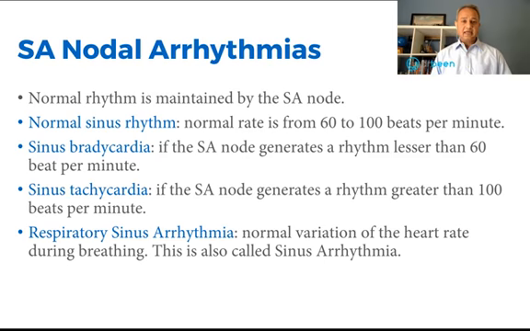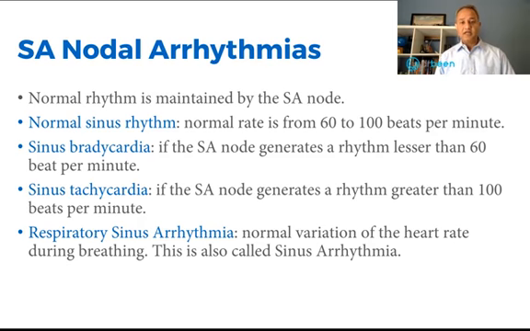Similarly, what is sinus tachycardia? Simply, any beats above 100 in the normal healthy SA node, with the beats coming from the SA node and the number of beats greater than 100, will be called sinus tachycardia. Again, this is not just tachycardia, this is sinus tachycardia. Normal tachycardias are generally sinus tachycardia.